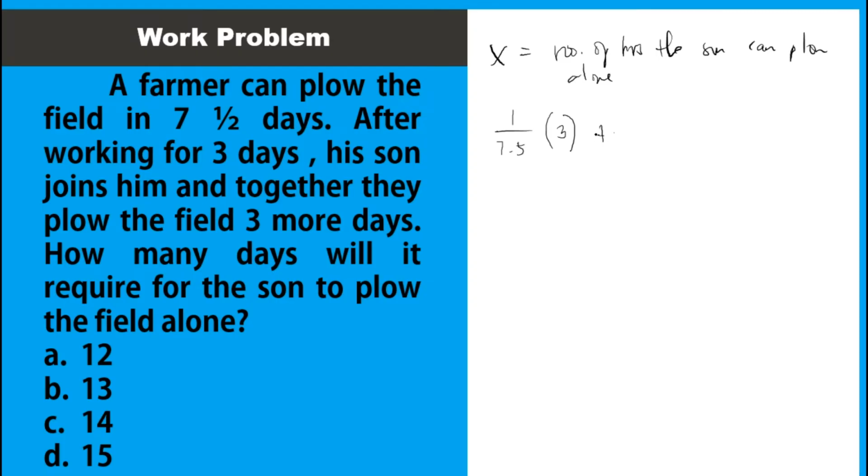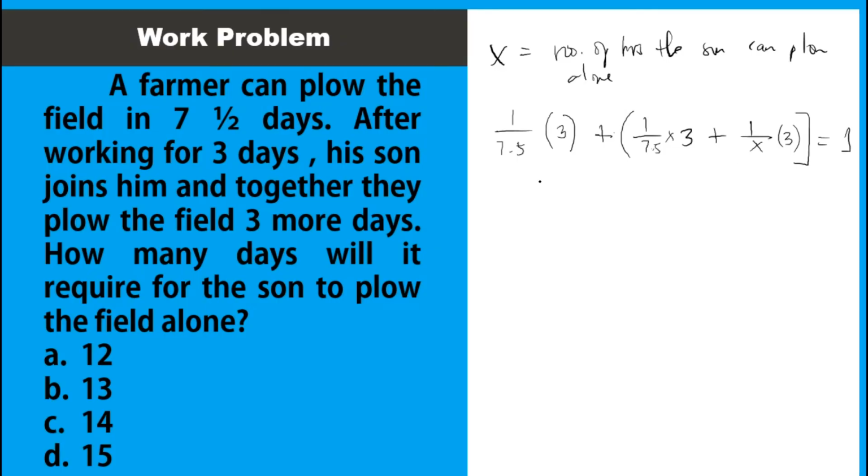The farmer's rate is 1 over 7.5 times 3, plus the son's rate, 1 over x, where x is the number of days the son can plow alone, times 3. That equals 1 complete job.